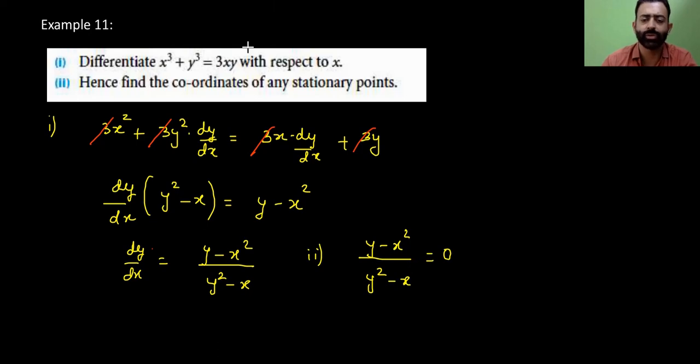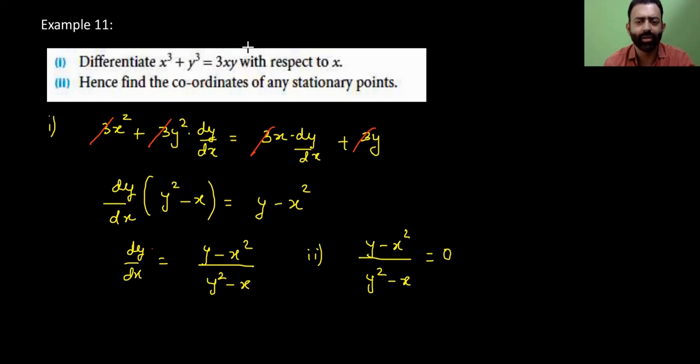If it is 0, then either the numerator has to be 0, or the denominator has to be infinite. Please do not think that either the numerator is 0 or the denominator is 0. Whenever there is 0 in the denominator, we say it is not defined. It will approach either plus infinity or minus infinity, so we say it is not defined.